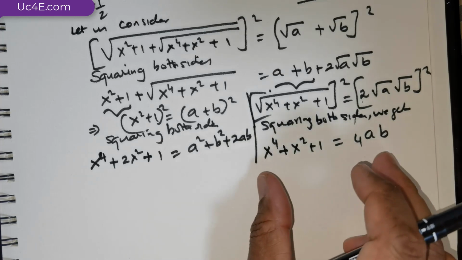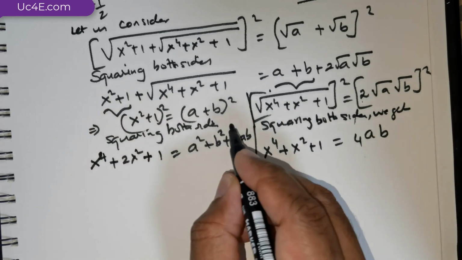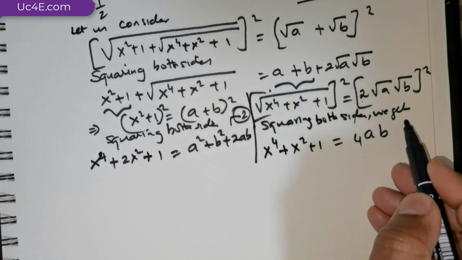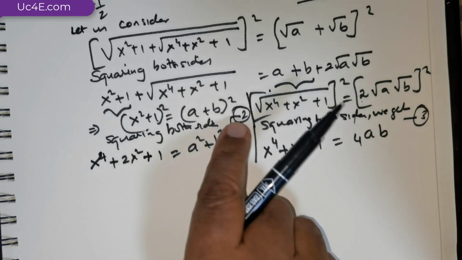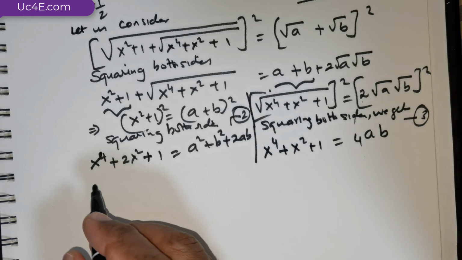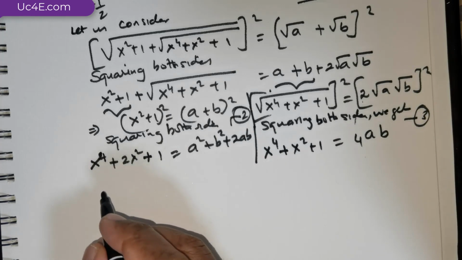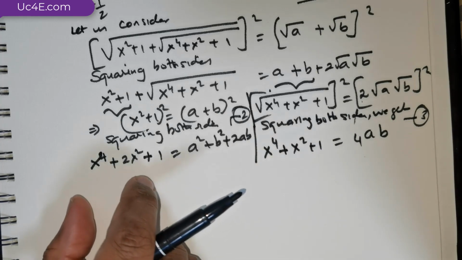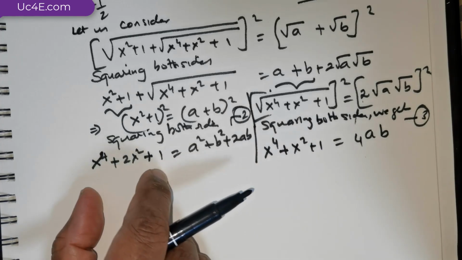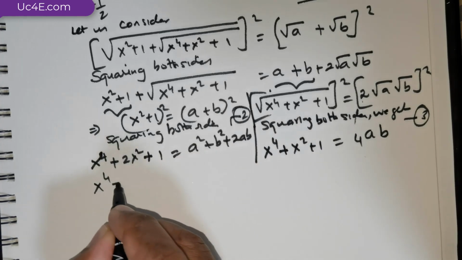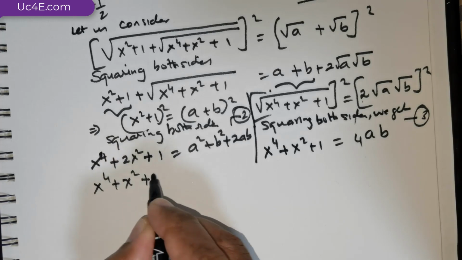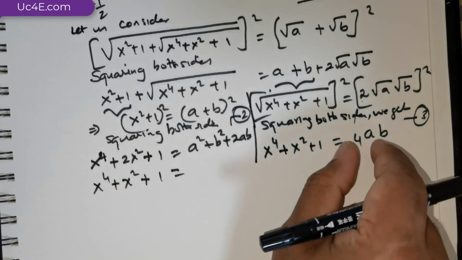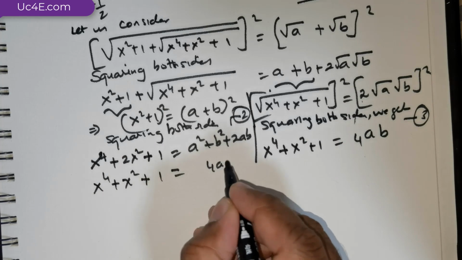Now I would like to name this equation 2 and name this equation 3. So 2 minus 3, I'm going to perform that operation. Let me take this and place it over here: x to the power of 4 plus x squared plus 1 is equal to 4ab.